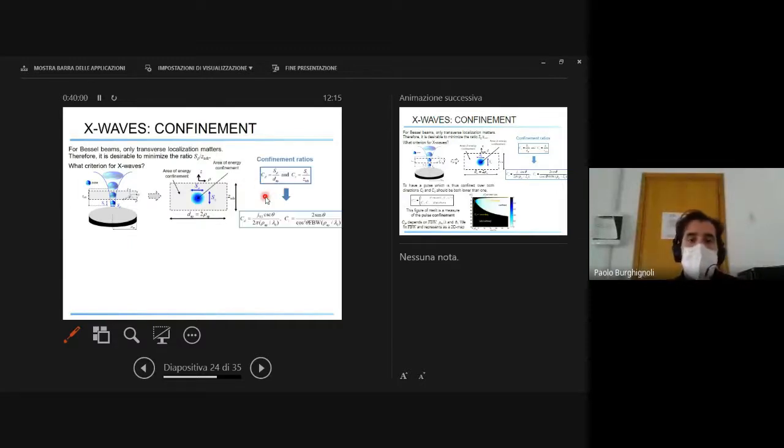And this brings us to define these confinement ratios, that are basically the ratio between the transverse spot size and aperture diameter, and the longitudinal spot size divided by the non-diffractive range. Since we have approximate analytical expressions for these variables, we are also able to give analytical expressions for these confinement ratios.